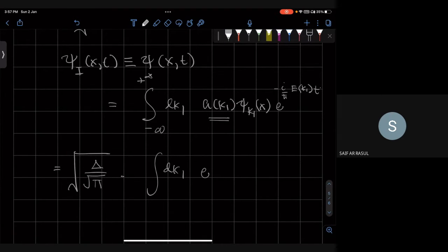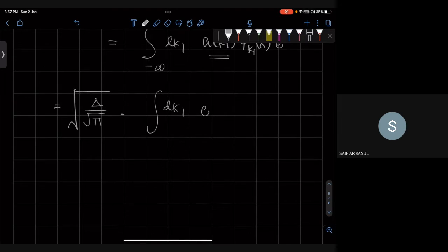Now, this is something I'm not going to show, but we are free to choose the normalization, and the normalization that works is going to be a is 1 over square root of 2 pi. Let me make another comment about this.